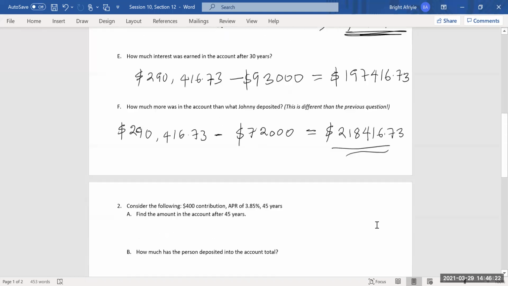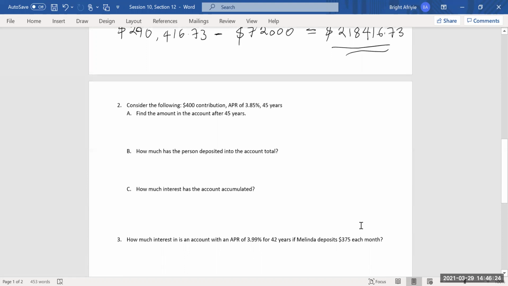Okay, nice. Now let's go to number 2. I may show you how to do this in Excel as well. So you want to consider the following: $400 at the APR of 3.85% for 45 years. Find the amount in the account after 45 years.